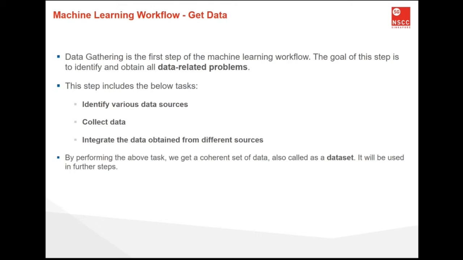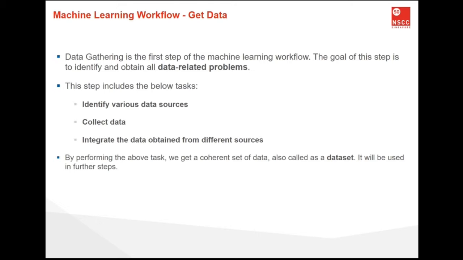The goal of this step is to identify and obtain all data-related problems. In this step, we need to identify the different data sources, as data can be collected from various sources such as files, databases, the internet, and mobile devices. It is one of the most important steps of the life cycle.